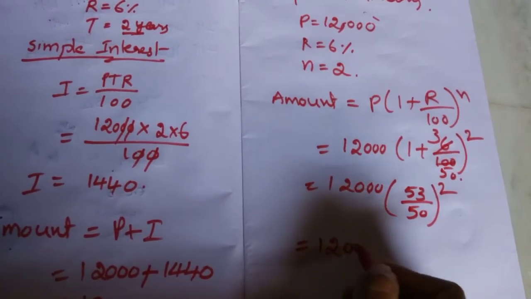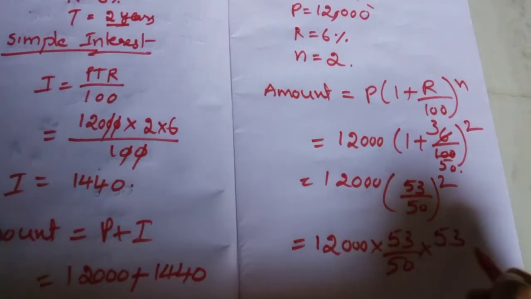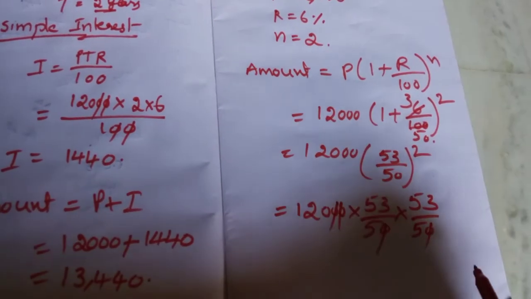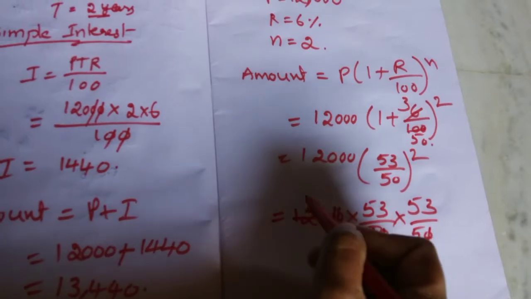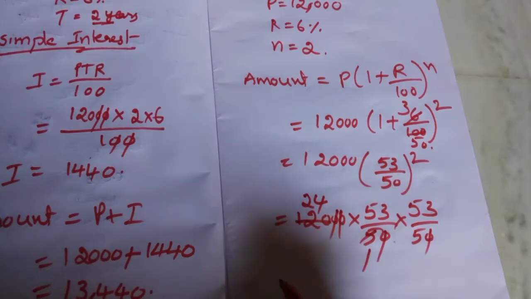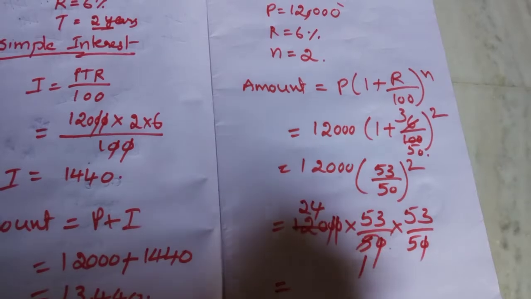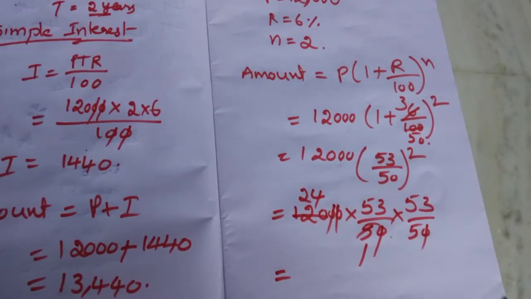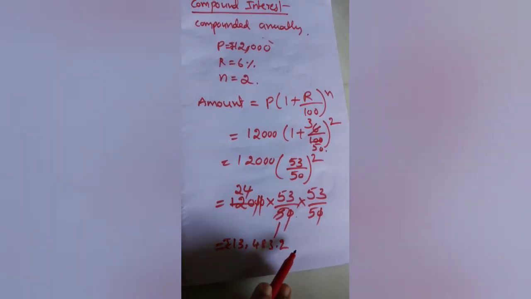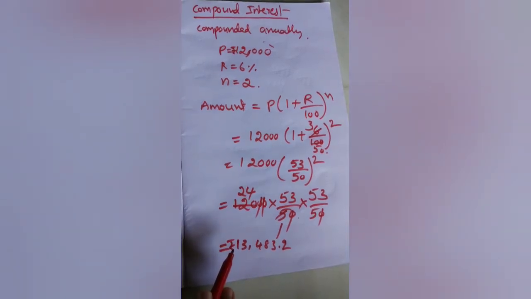So 12,000 into 53 by 50 into 53 by 50. 0, 0, 0, 0. 5 1s are 5, 5 2s are 10, 5 4s are 20. Now we should multiply this and we have to write the answer. So when you calculate it, how much we got? 13,483.2.